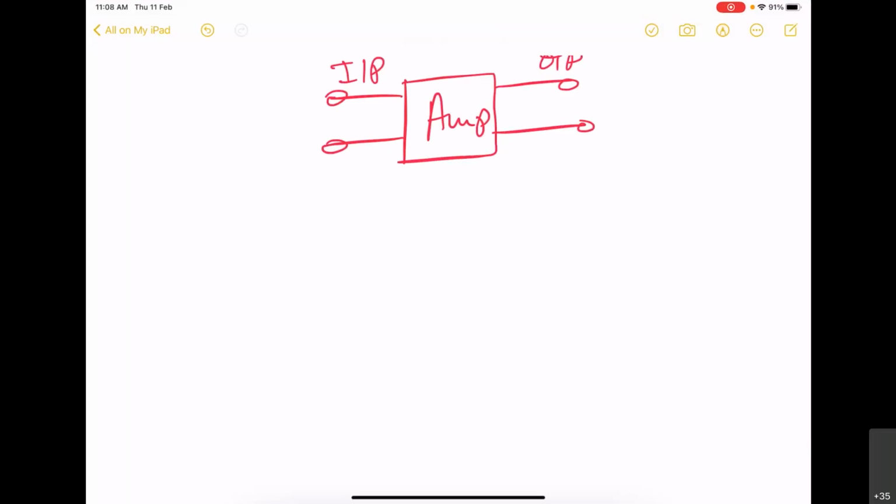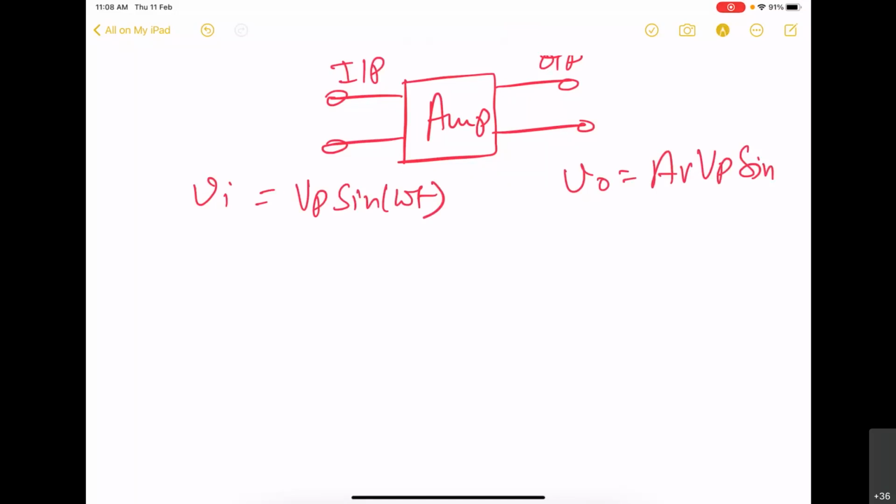What this amplifier will be fed is an input voltage given by, say, Vp sine omega t, and on the output side what we will get is output voltage, which will be AV times Vp sine omega t.